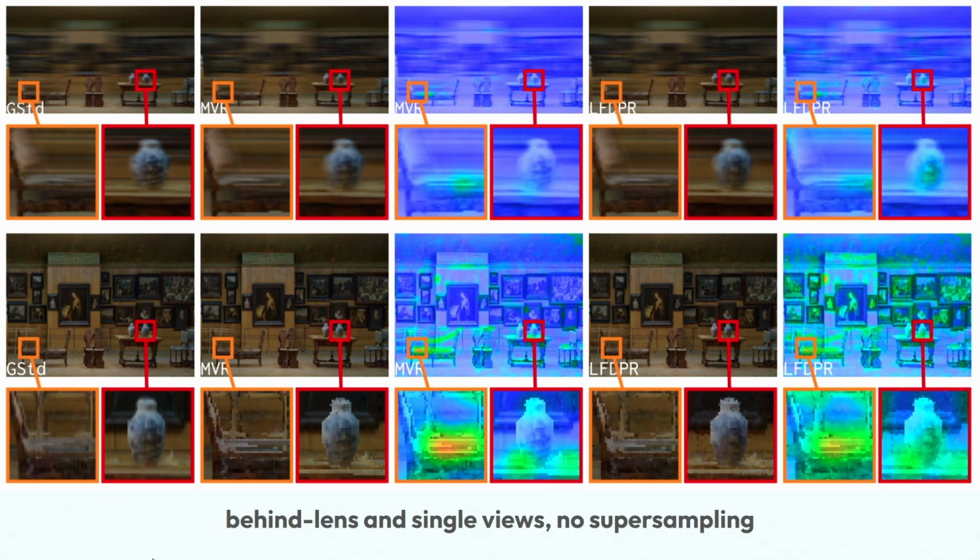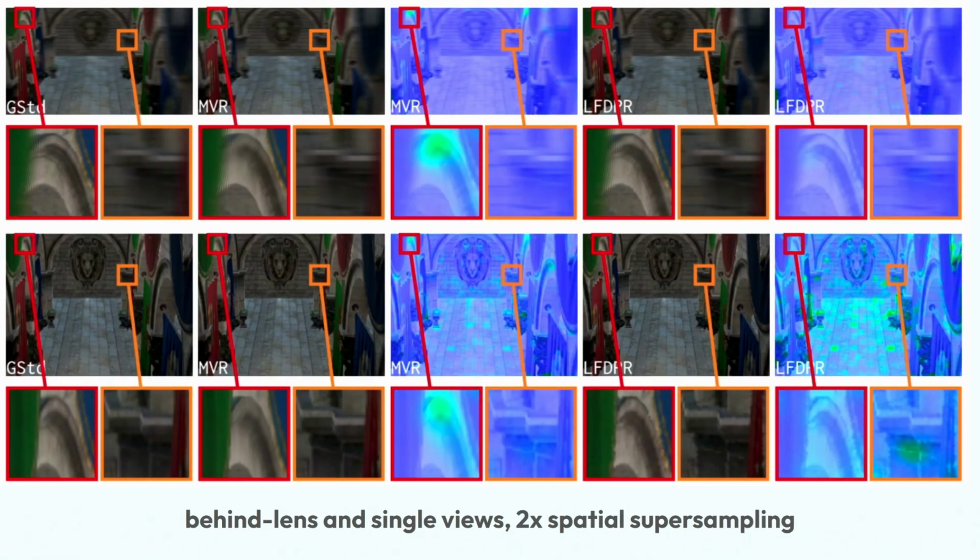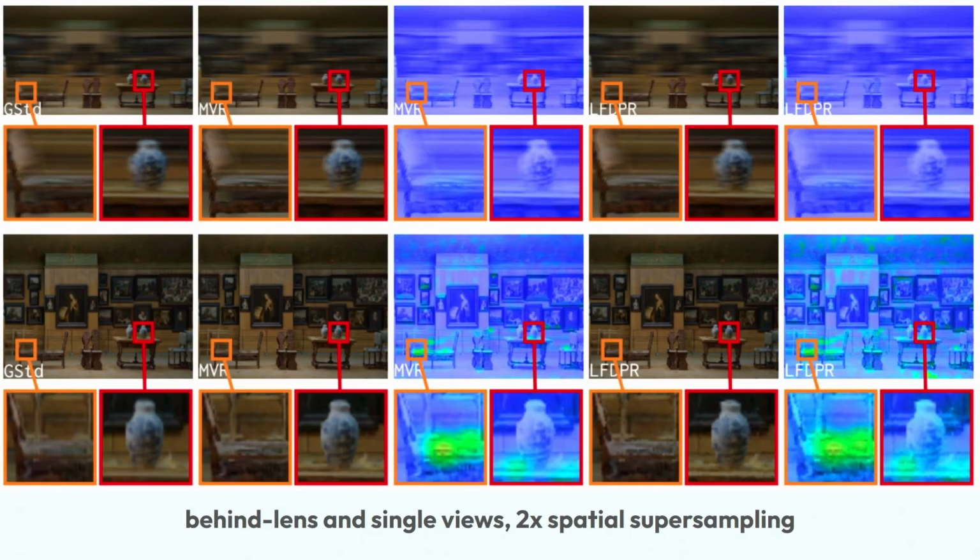We think we could fix that with a little more systems engineering. Here we're super sampling, and you can see that error went away, and the quality is very similar to a standard multipass technique. And here we are in the gallery.